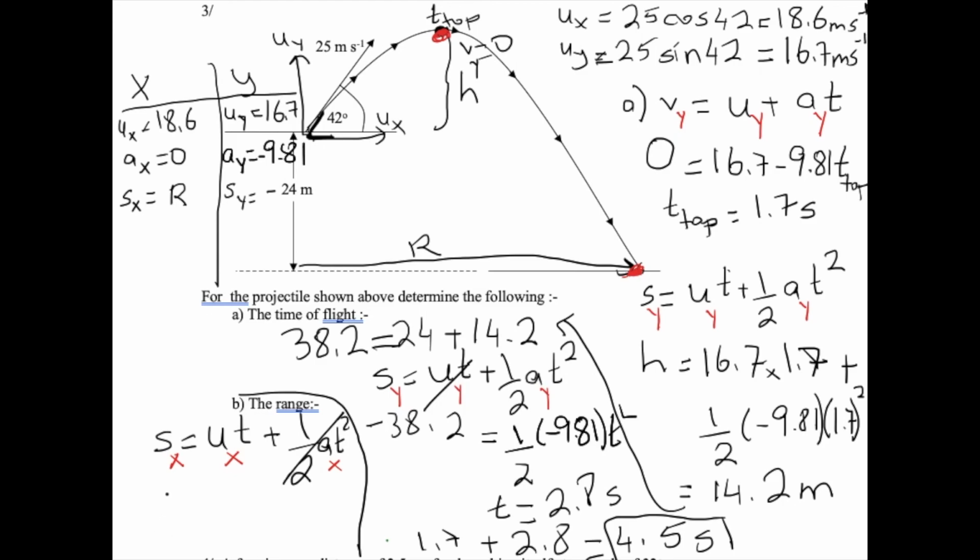I know the total time, so this is my range, and my initial x component velocity is 18.6. 18.6 times the total time all the way to reach that point, 4.5 seconds, and that answer gives me 84 meters for part B.